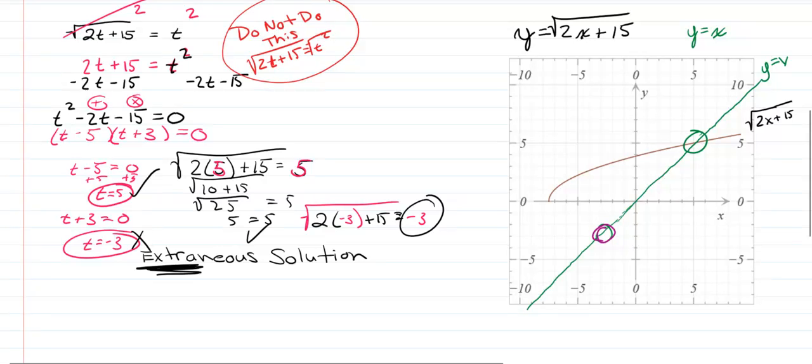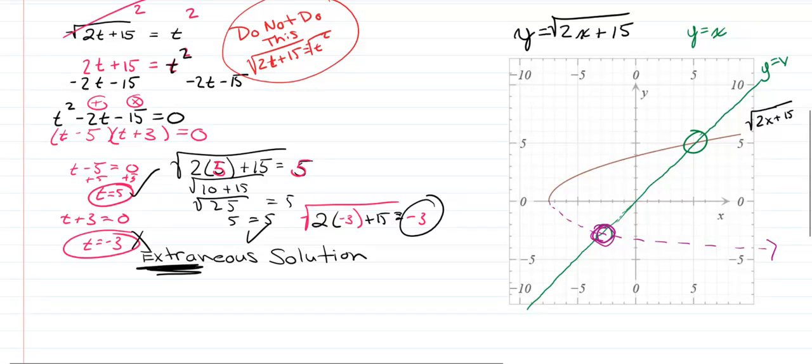Well, don't forget that our square root function is really half of that parabola, because it's the inverse, but it's only the top half. So you're getting this solution even though it doesn't exist.